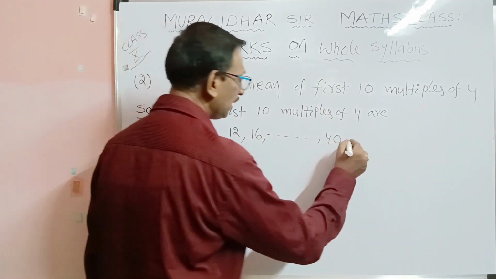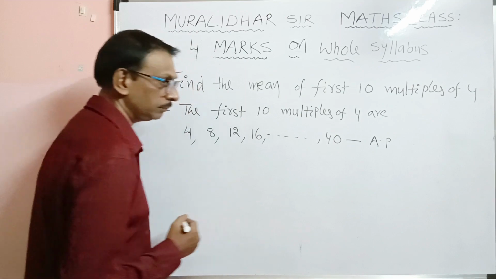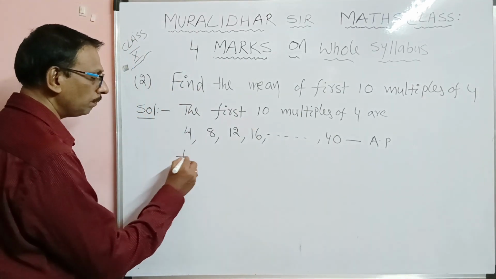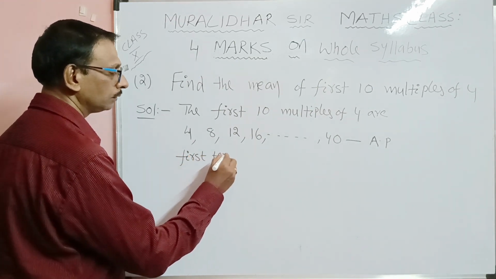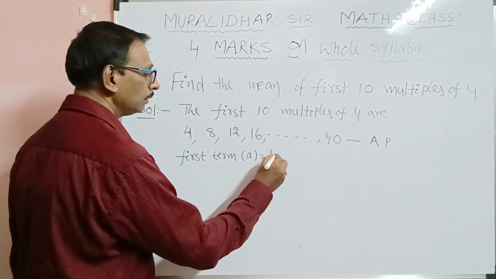Now this is in AP, arithmetic progression. Now first you find out first term. First term in the progression we represent by a, that is 4.